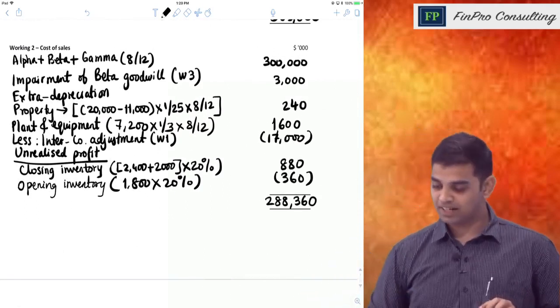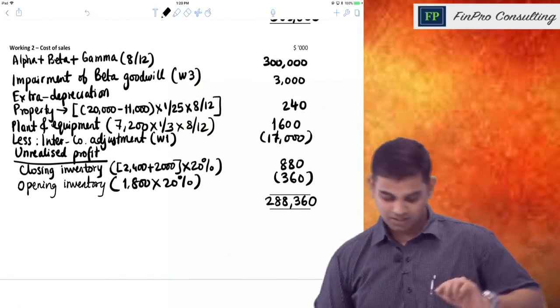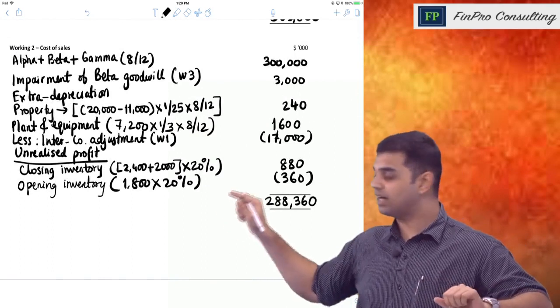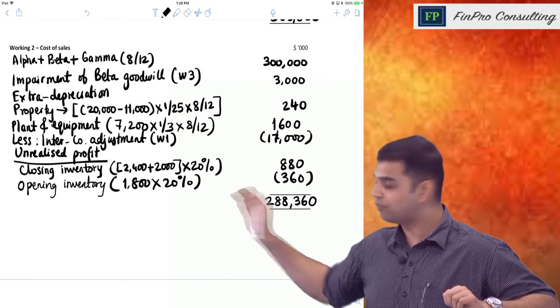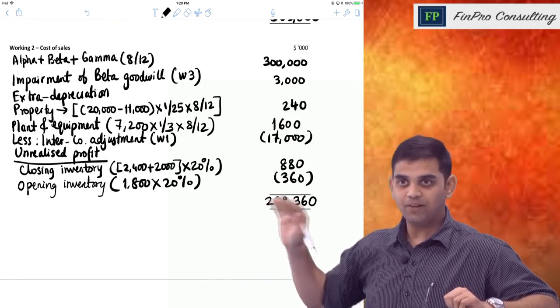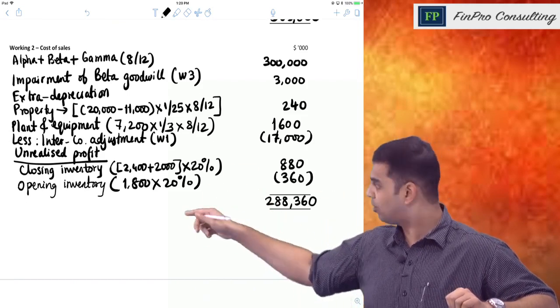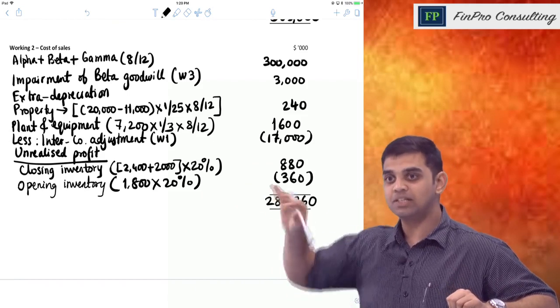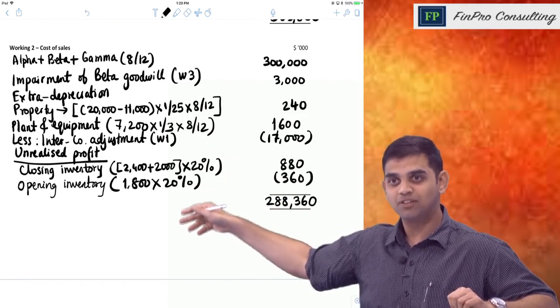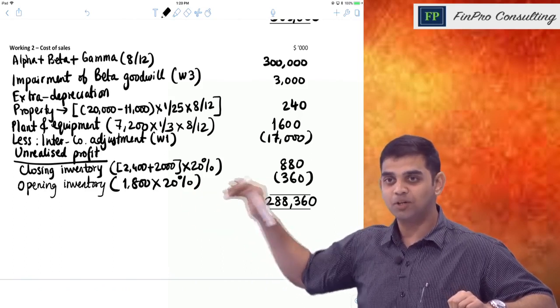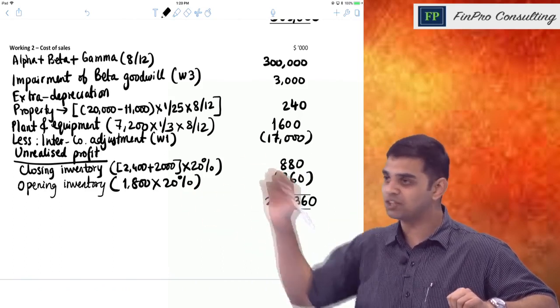Do we have unrealized profits on inventories? So in this year, we eliminated the unrealized profit on the closing inventory of 880 and we reversed the last year's impact of 360. That means last year we had eliminated the profit of 360. So that effect should come in the opening, because that effect has not come in the individual financial statements.